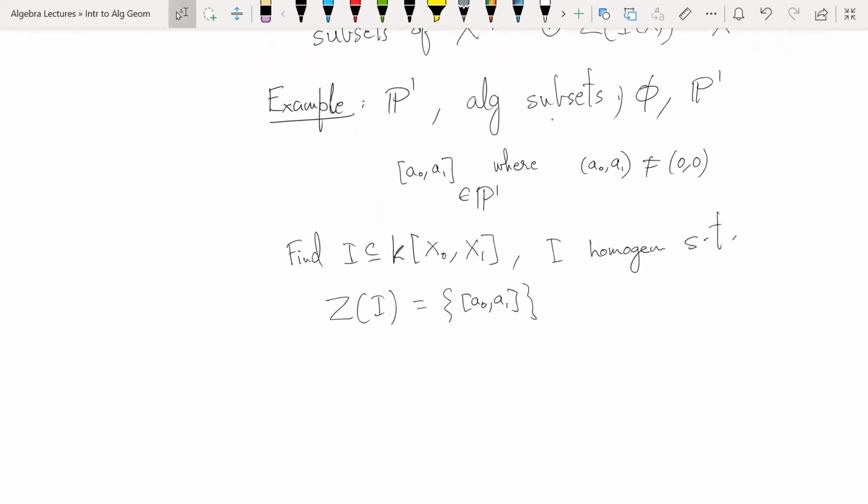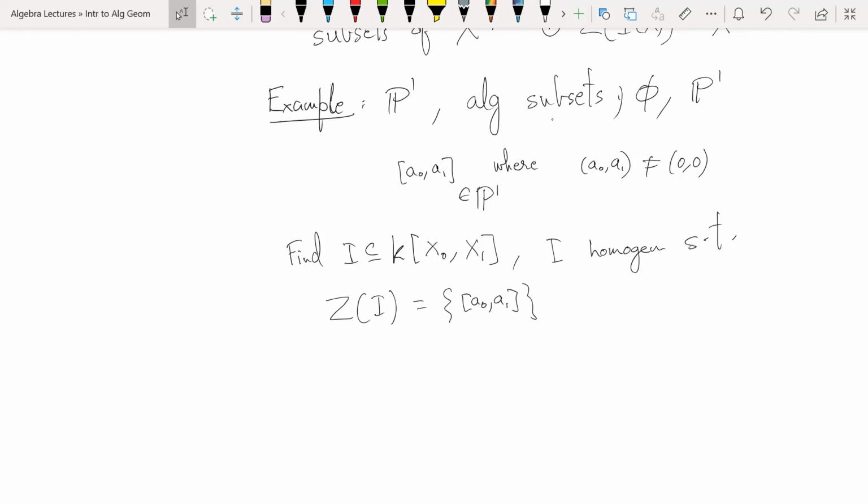So what should our I be? Maybe first we look for one homogeneous polynomial which vanishes at (a naught, a1), and then we'll see if that one polynomial is enough or not.